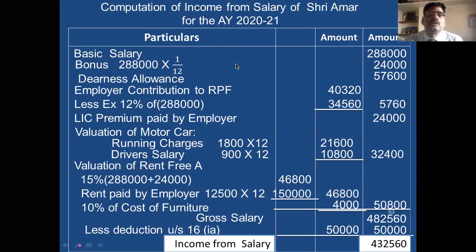If the Excel sheet is comfortable and visible to you clearly, I'll go on Excel sheet. Anyone? Slide? Yes, sir. Now what about the Excel sheet? Not clear, sir.